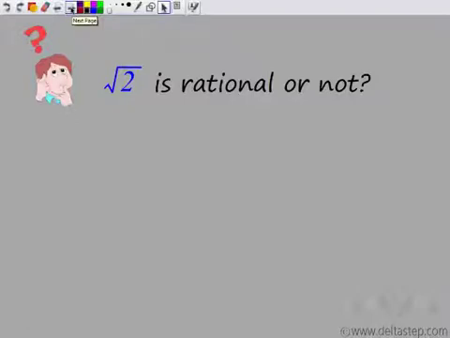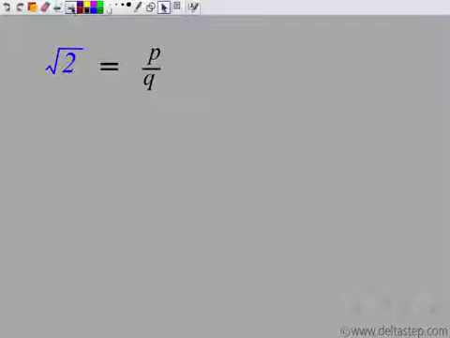Let us say that root 2 is a rational number. If root 2 is a rational number, then I can express it in the form p by q, where q would not be 0. Now what we know is that root 2 is definitely not an integer.